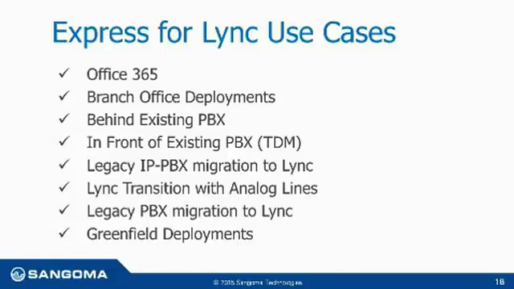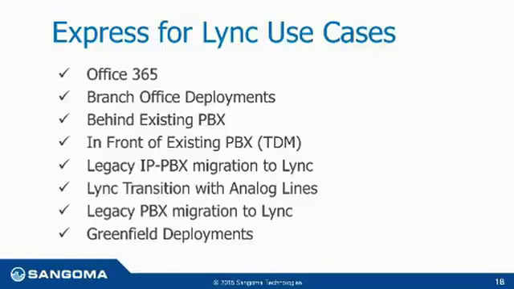Some customers might go greenfield, so they get rid of their old PBX and install Link as their solution for enterprise communications. But a lot of people will say, I want to phase it in and work in conjunction with my PBX. So that's the behind an existing PBX option, more of a transition as opposed to a forklift solution.